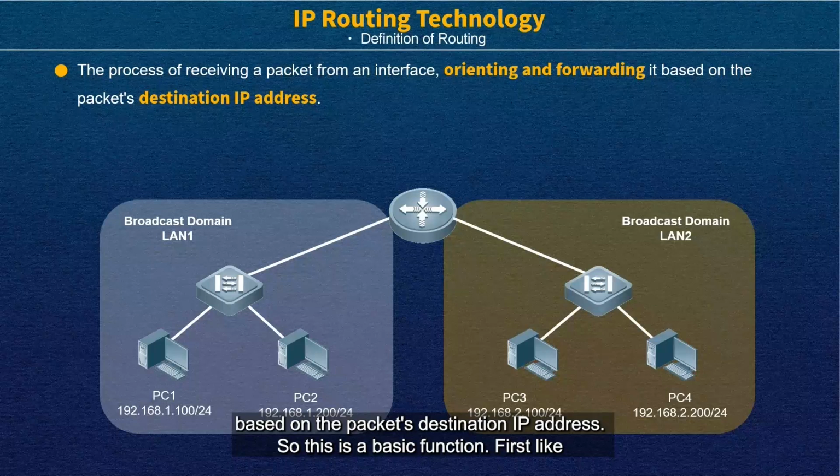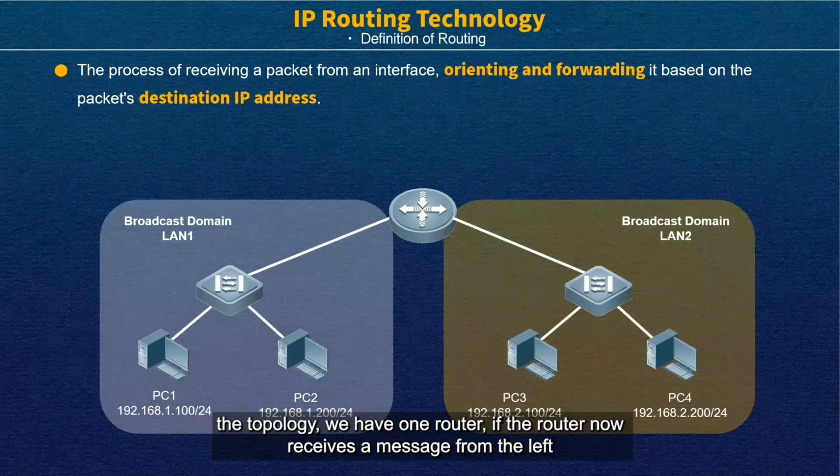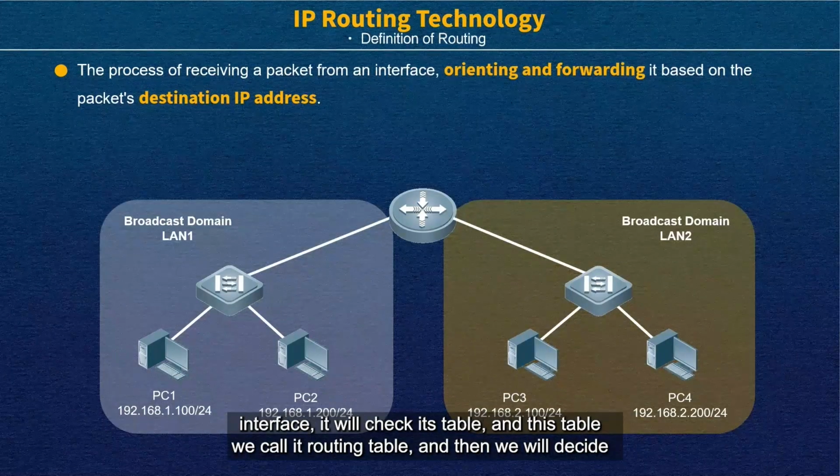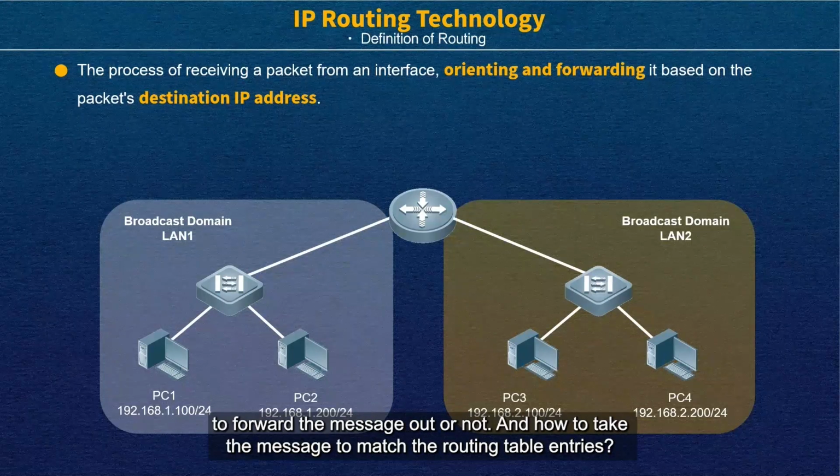First, like in the topology, we have one router. If the router receives a message from the left interface, it will check its table, and this table we call the routing table. Then it decides whether to forward the message out or not, and how to match the message to the routing table entries.